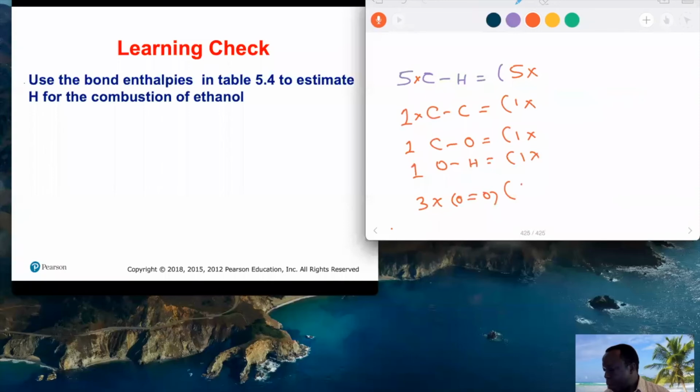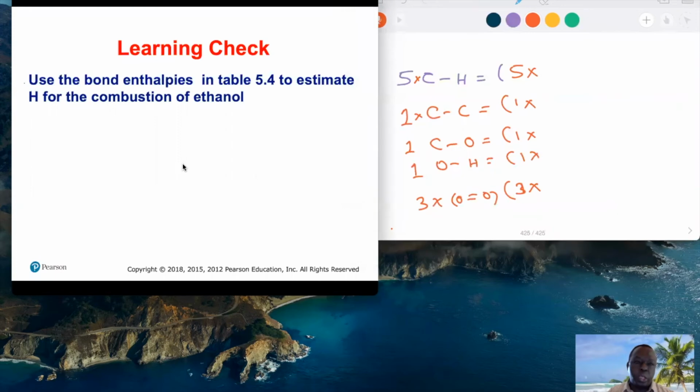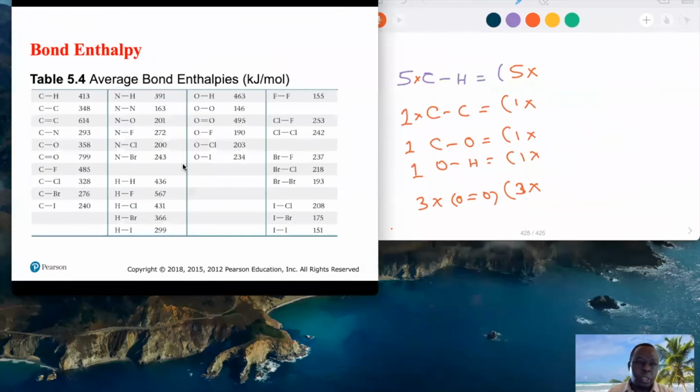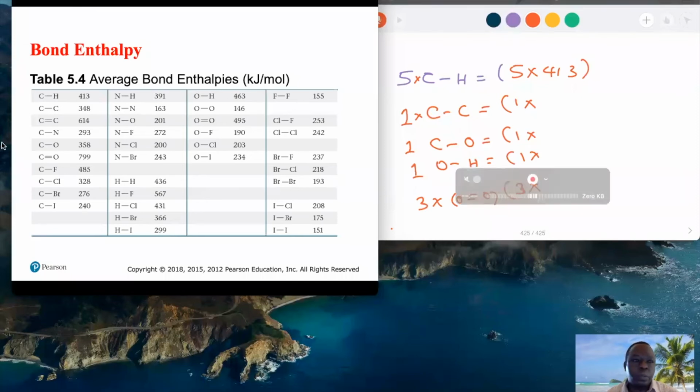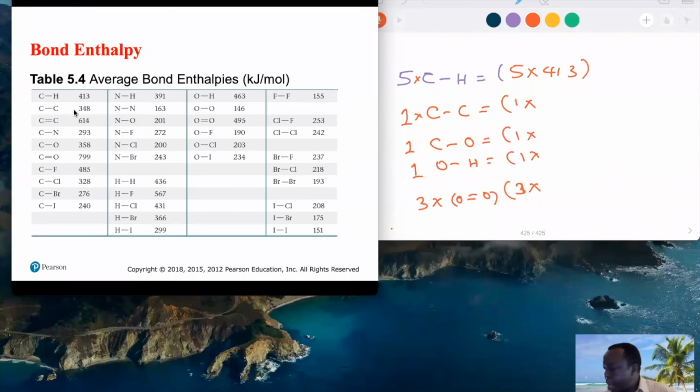This will be 1 times what? No, 3 times. We now go to the table, which is what they were talking about. Carbon-hydrogen is 413, 413. For carbon-carbon, right here, 348.